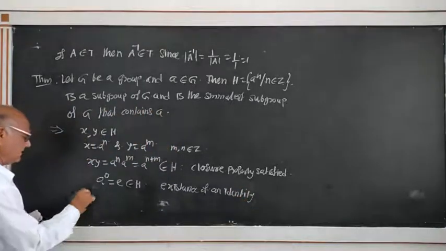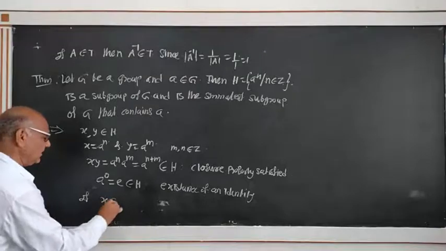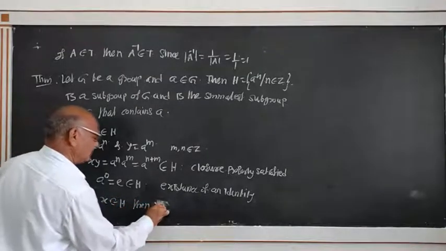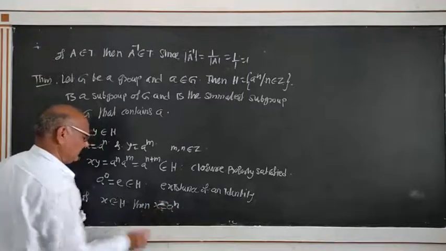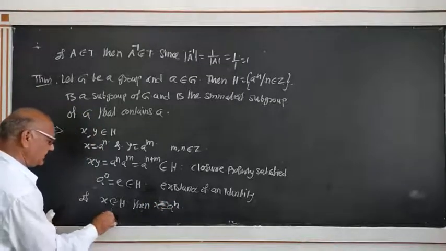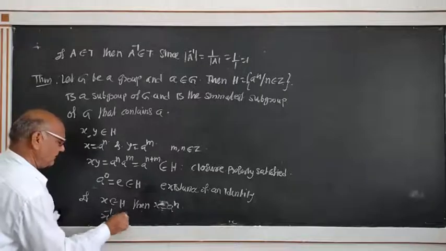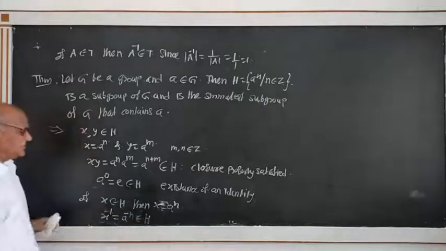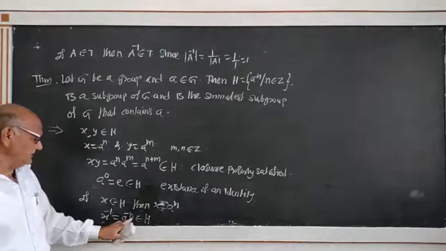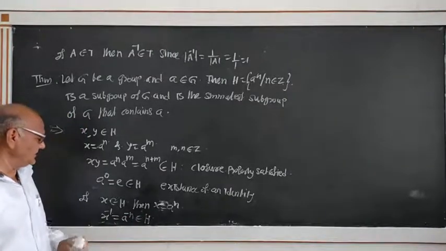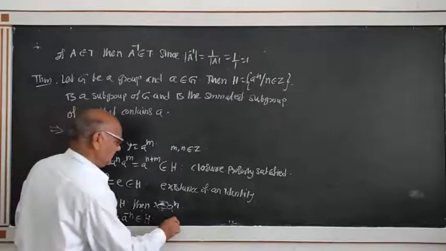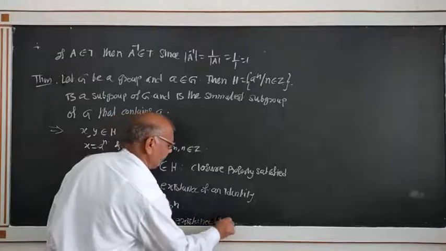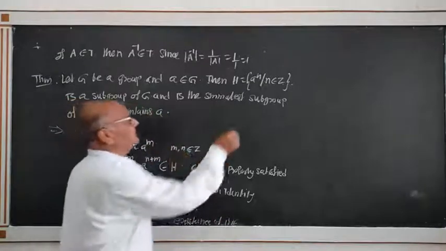Now, if x belongs to H, then x is equal to a to the power n. Then x inverse is equal to a to the power minus n, which belongs to H, since minus n also belongs to Z. So a raised to minus n belongs to H, and this is the existence of inverse.